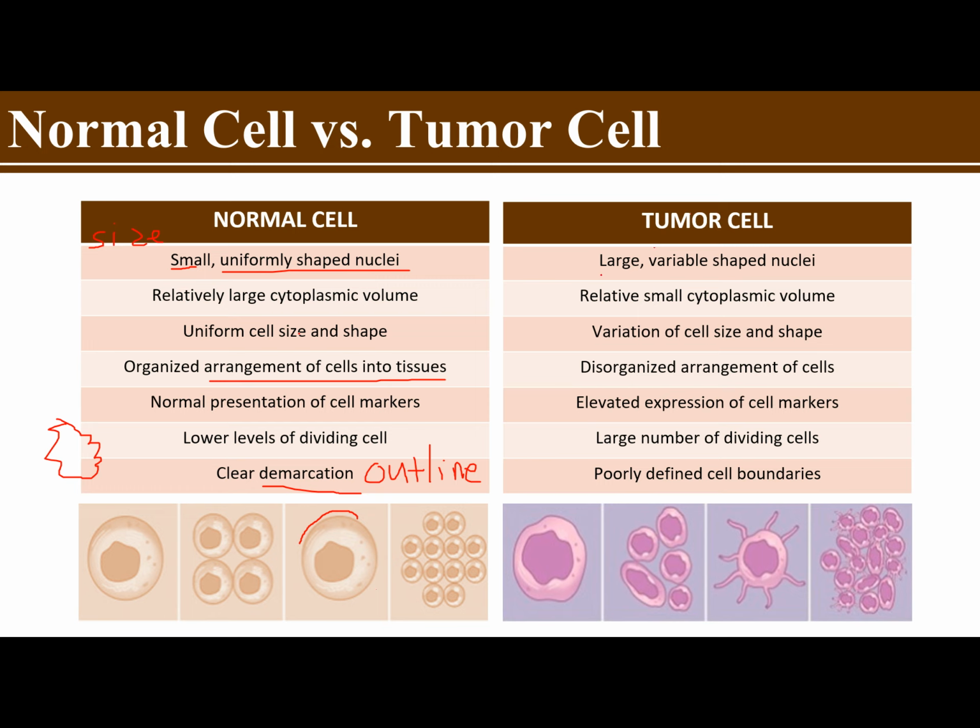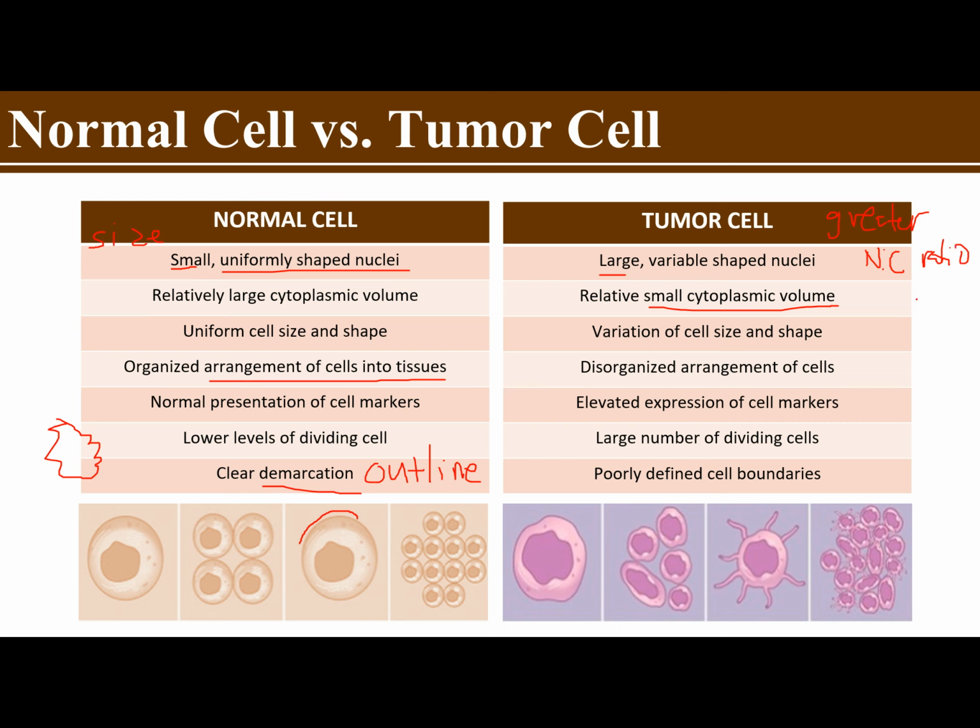While a tumor cell could be considered as large in size, with variable shaped nuclei and relatively small cytoplasmic volume. So they tend to have, class, a greater nucleus to cytoplasm ratio.